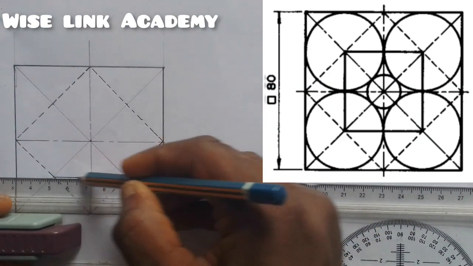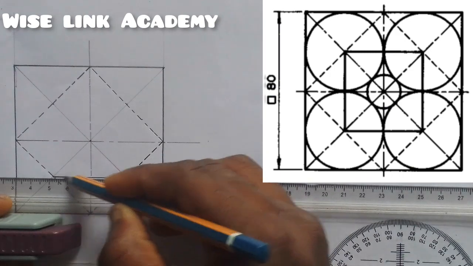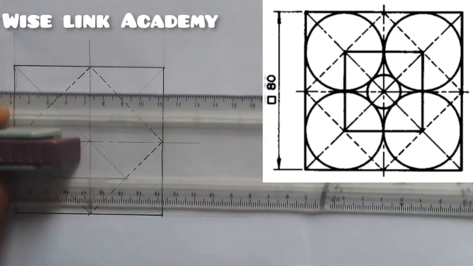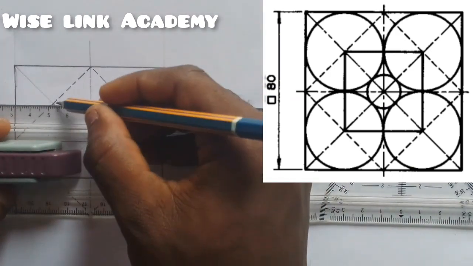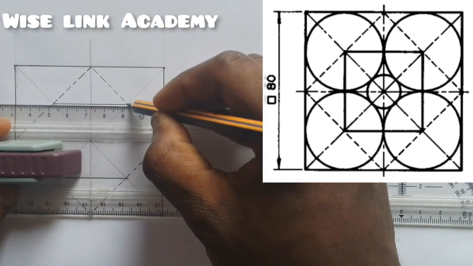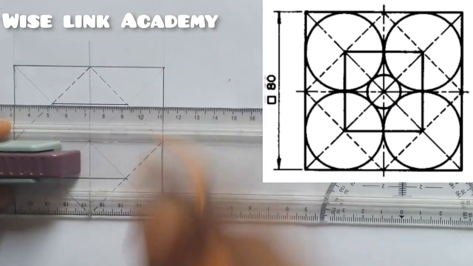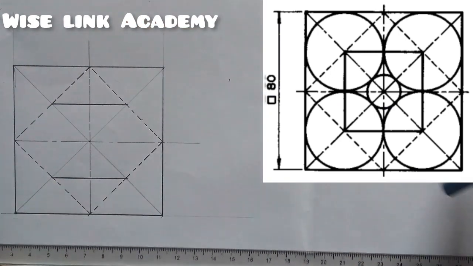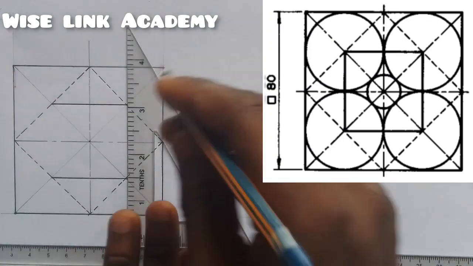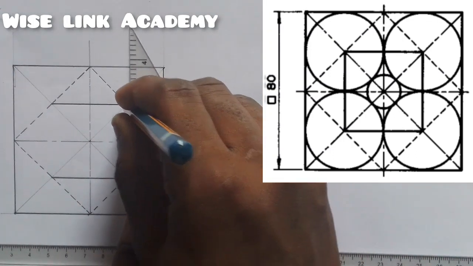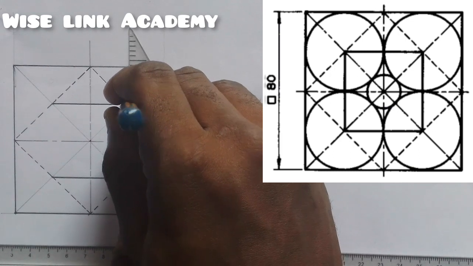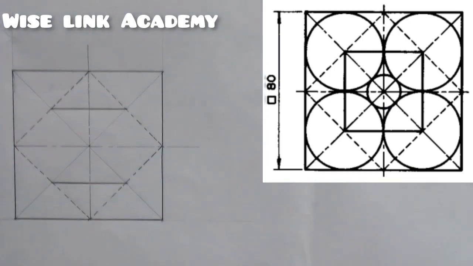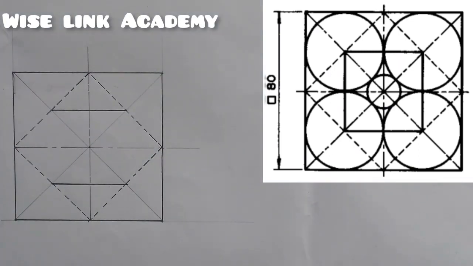Right, come up here to join this point and this point together. Similarly, take my set square, draw a vertical line to join those 2 points together. Just use my meter rule to join them together.